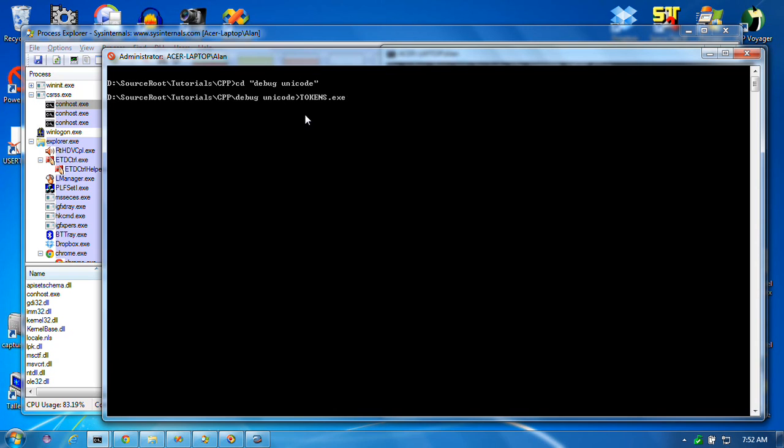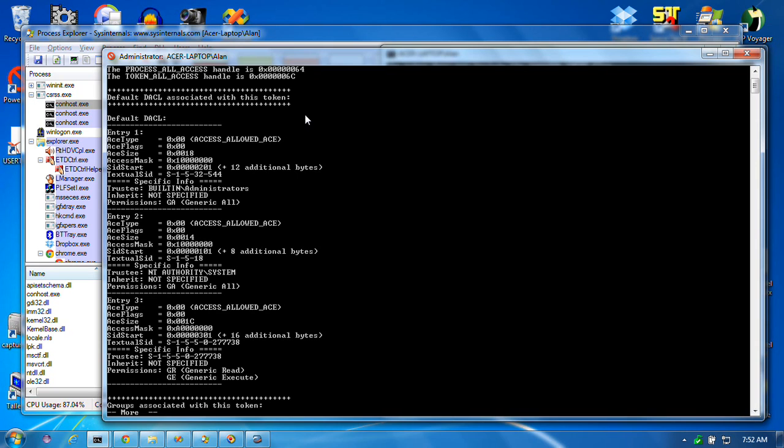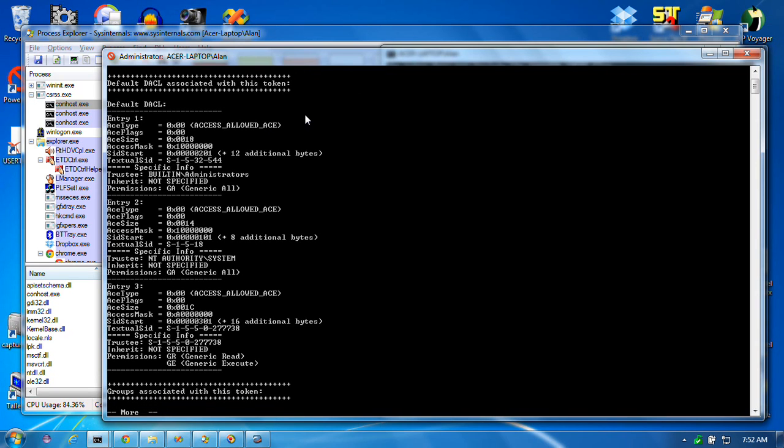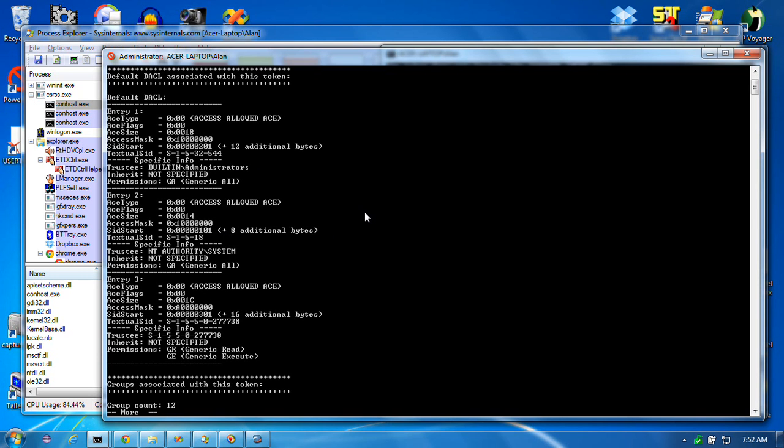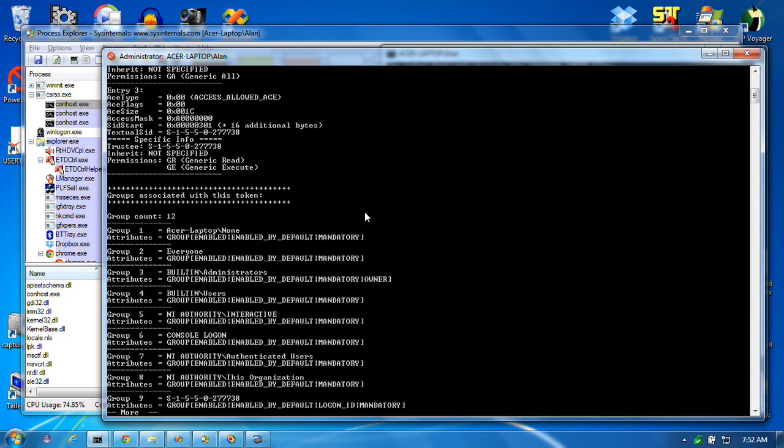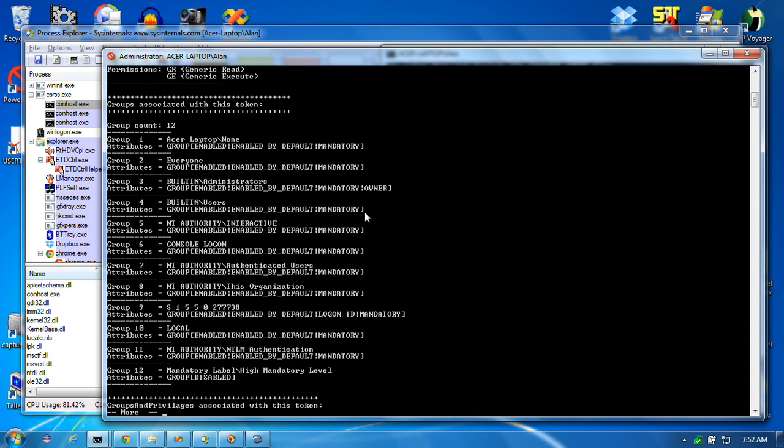Token? Okay, this is the default DACL. This, whatever this structure is, okay, is a member of administrators, okay?